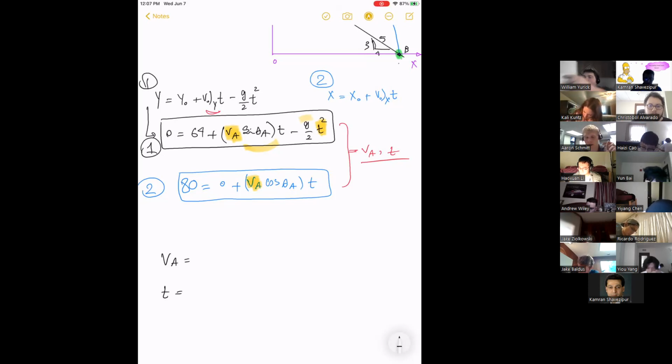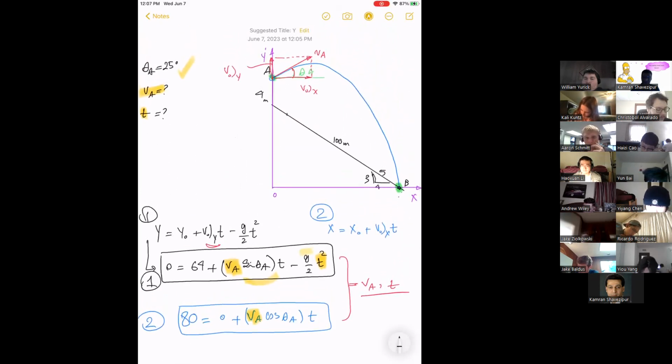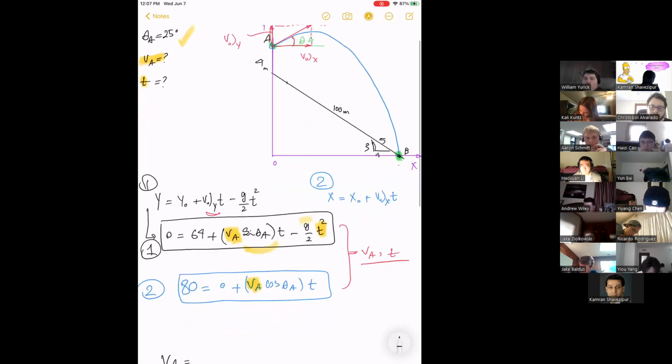Were equations 1 and 2 in reference to point A? Equations 1 and 2 are related to technically point A and B. Remember, y here, let me highlight it.